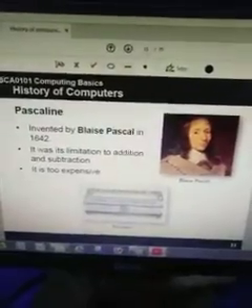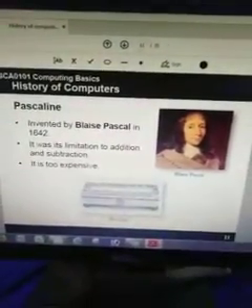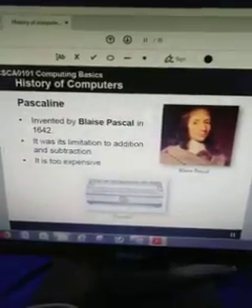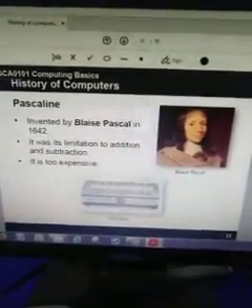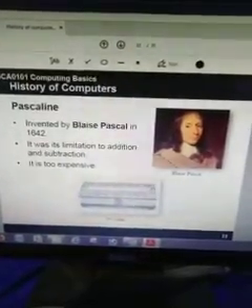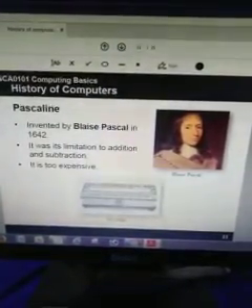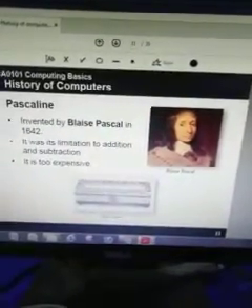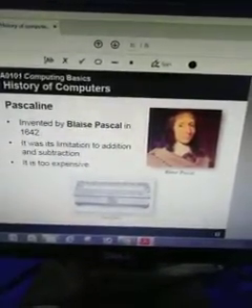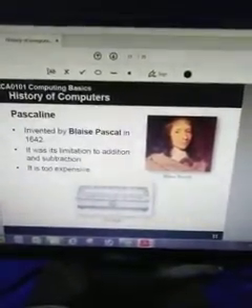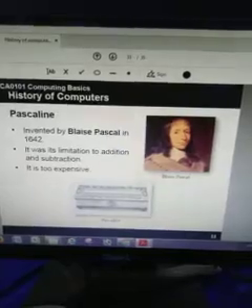Pascaline. The Pascaline was invented by Blaise Pascal in 1614. It was limited to addition and subtraction. It was too expensive. Basically, the Pascaline works on gears and pulleys.